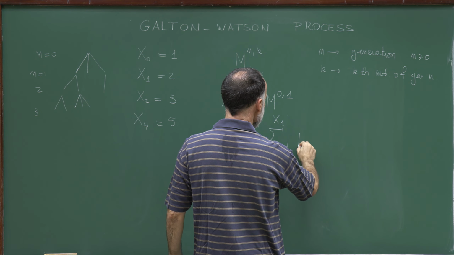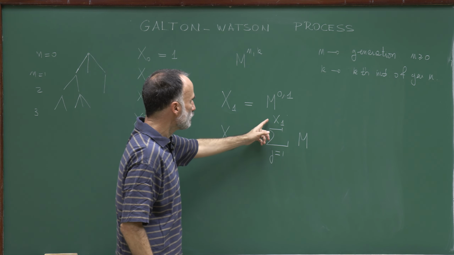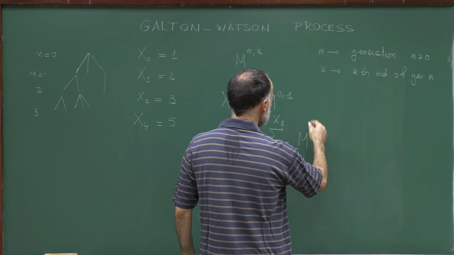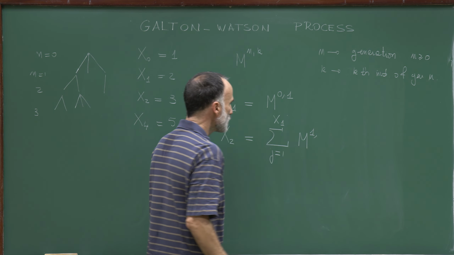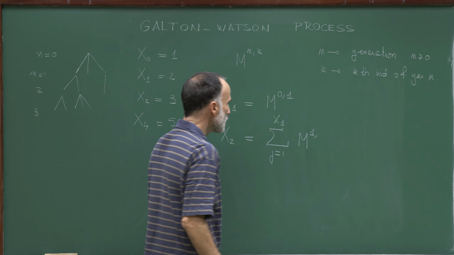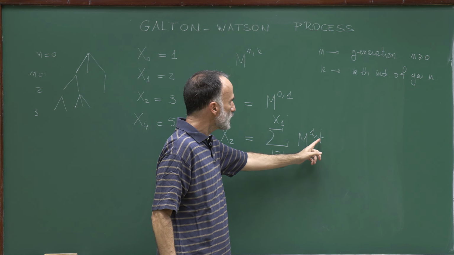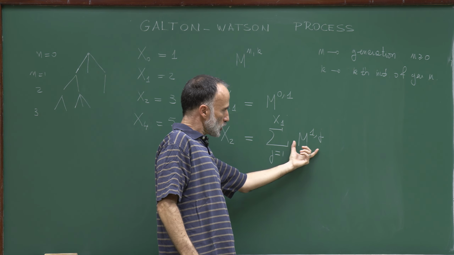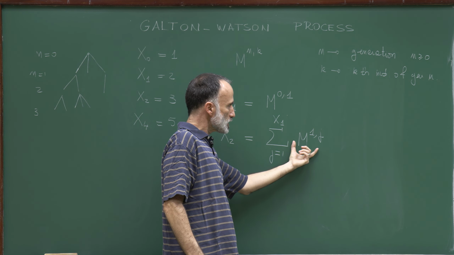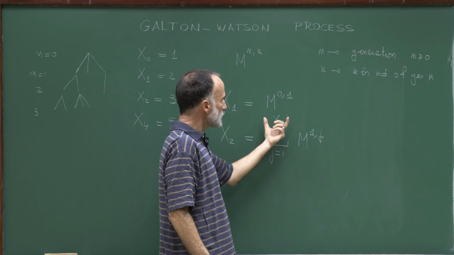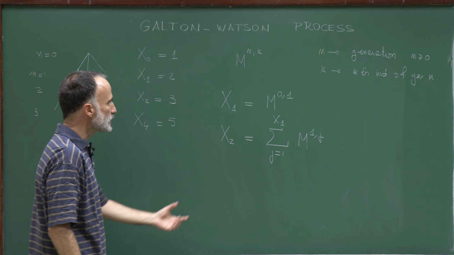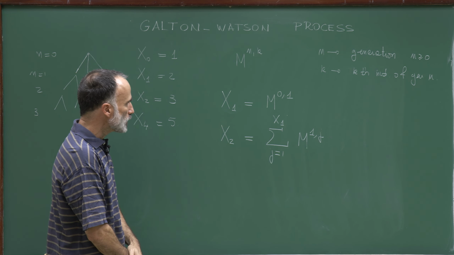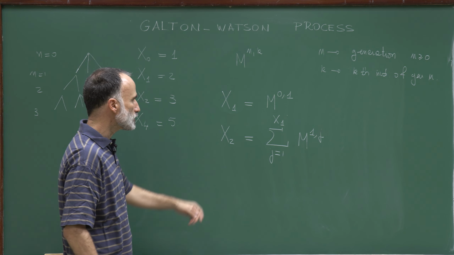And for each element of this first generation, I will just sum the total number of offsprings of this element. So I take the element j from the first generation, I compute the number of offsprings of this individual, and I sum over all individuals, and in this way I get the number of individuals of the second generation.